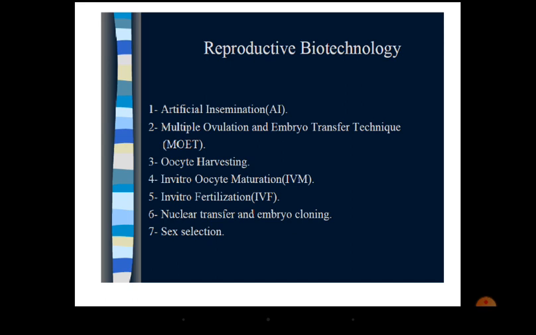In the same way, you can increase the selection intensity among the females, and you can also produce more progeny per selected or superior female. Then we have other advanced techniques called oocyte harvesting, in vitro oocyte maturation, and in vitro fertilization.